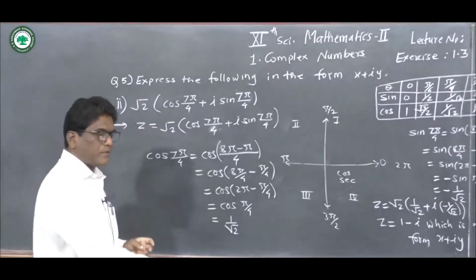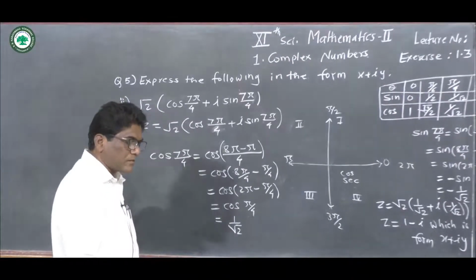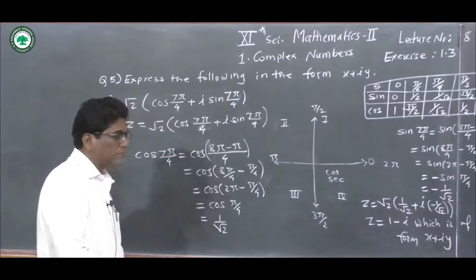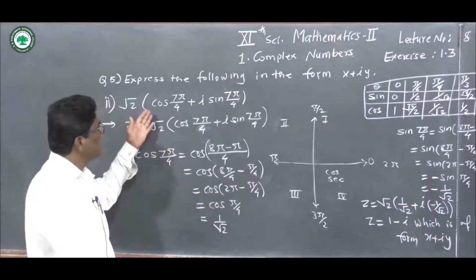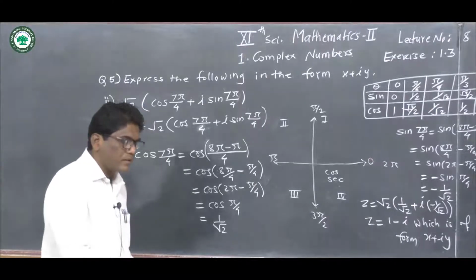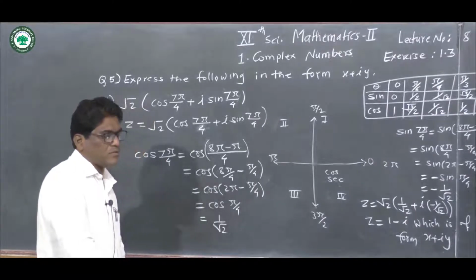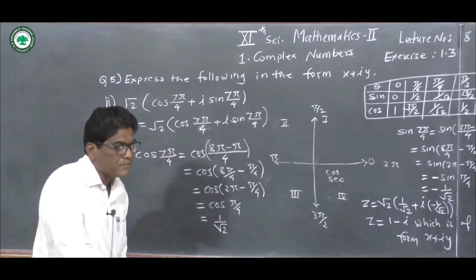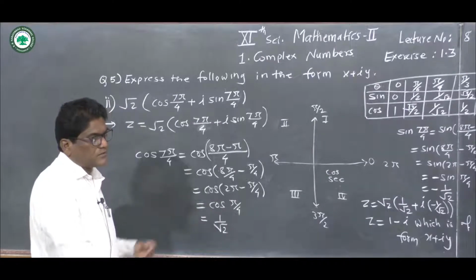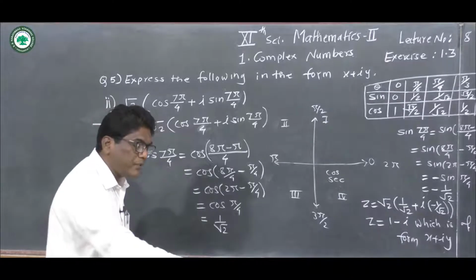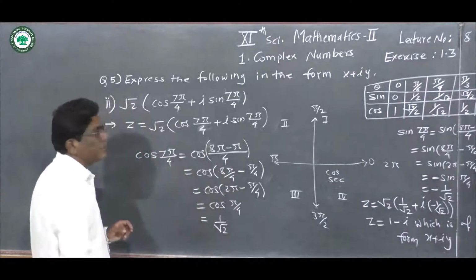Now the third problem, solve it yourself. For the third problem use this method. We are given cos of minus 5 pi by 6 and sine of minus 5 pi by 6. So here is a negative angle, we have to use the concept of negative angle.